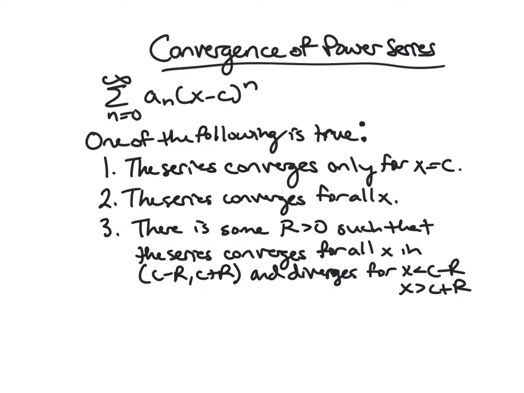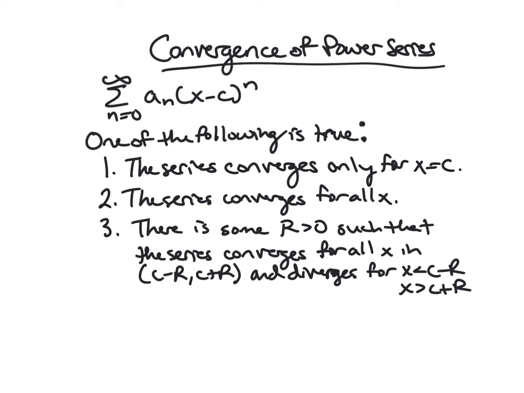And of course, we're starting this at n equals 1 and not 0 because we've got this n in the denominator. So the main question that we are concerned with in terms of series was whether they converge or diverge. So we're concerned with the same thing for power series. The difference is we have different values of x, so it's not one series at a time, but a series for every value of x. In this case, one of the three following statements is true.